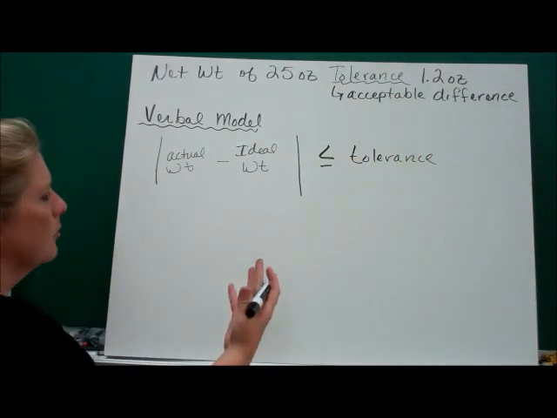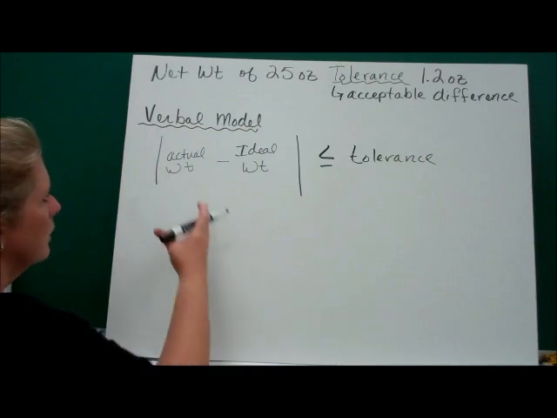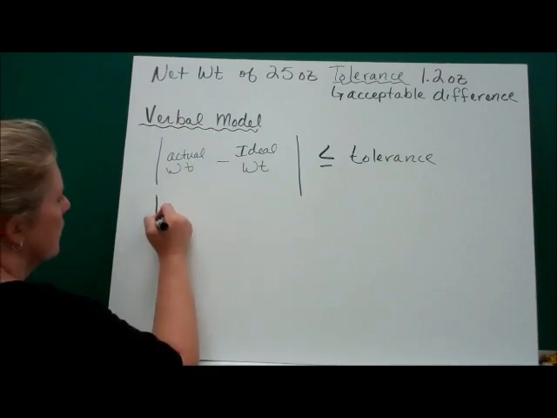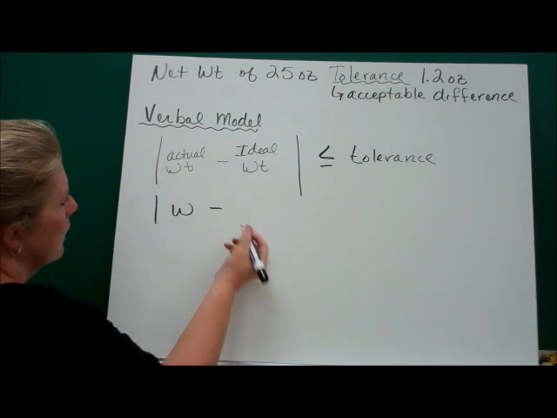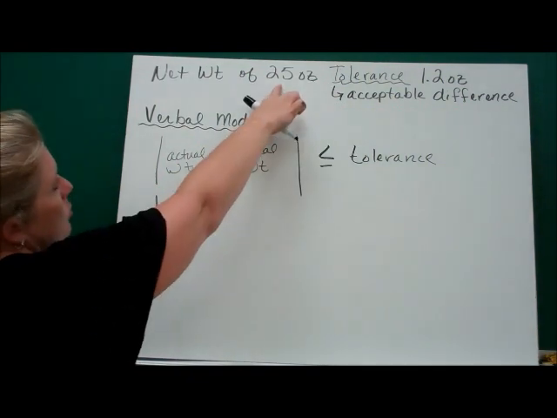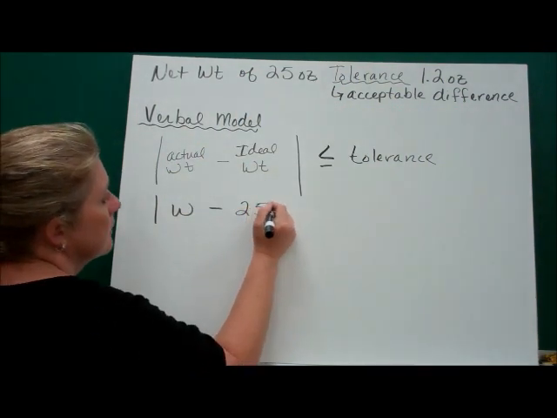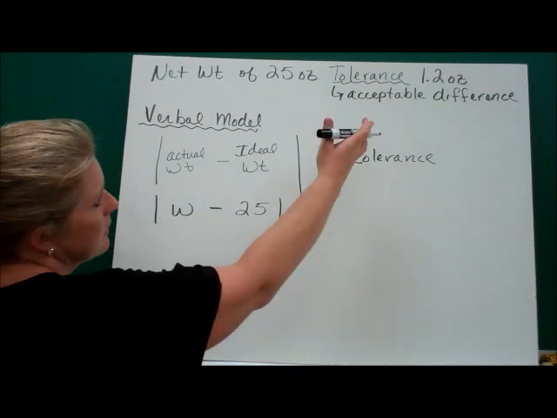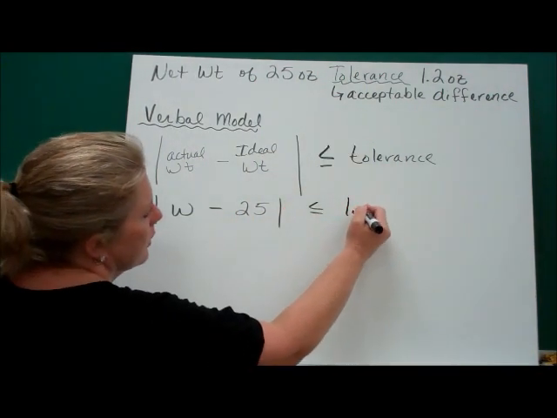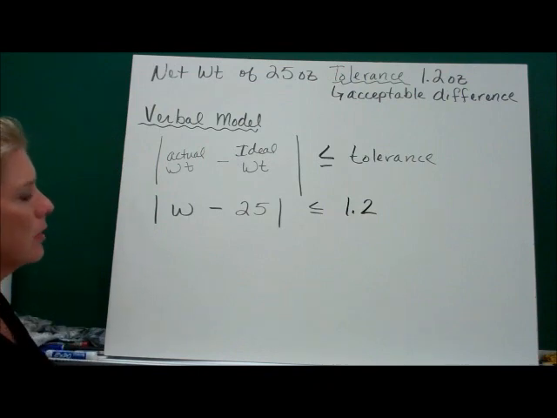Okay, there's an example of a verbal model. So if our actual weight is W, and our ideal weight is our 25 ounces, we want that to be less than or equal to our tolerance of 1.2.